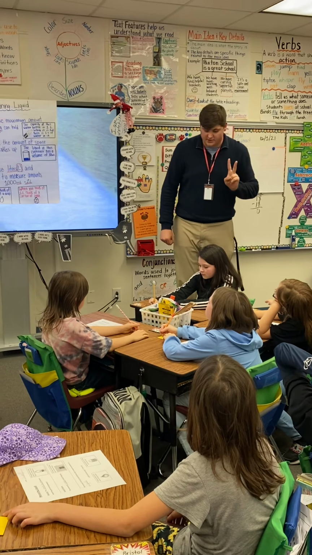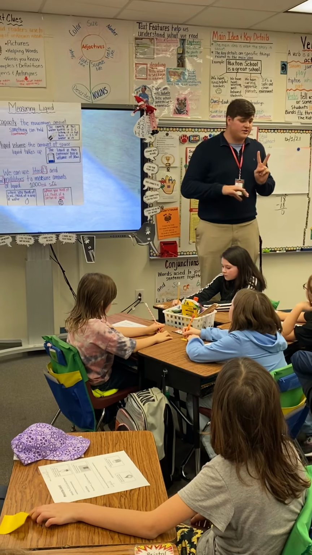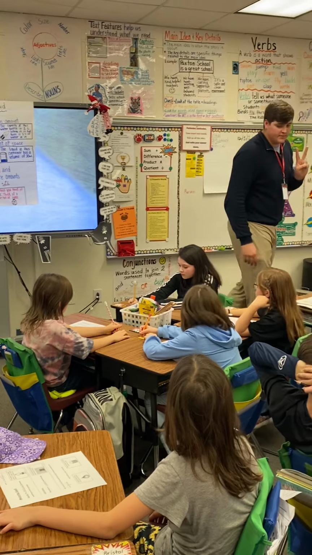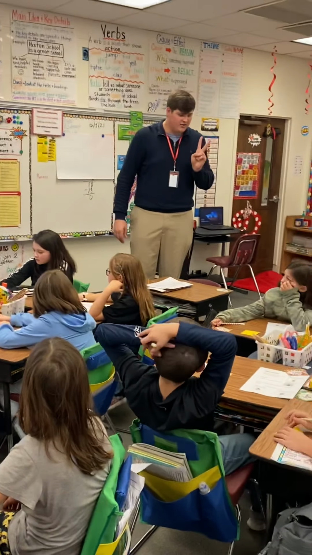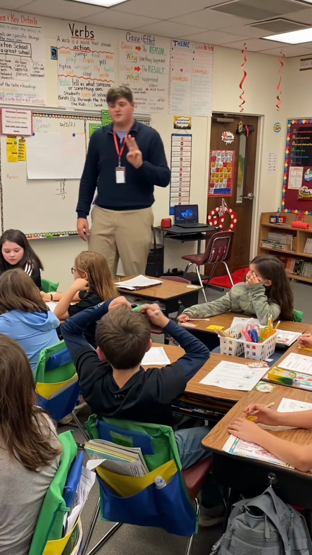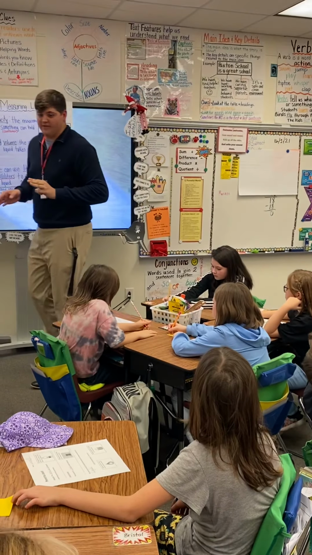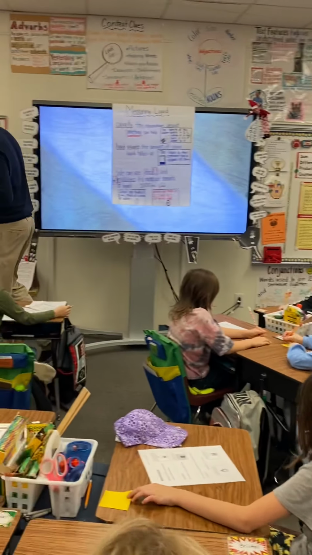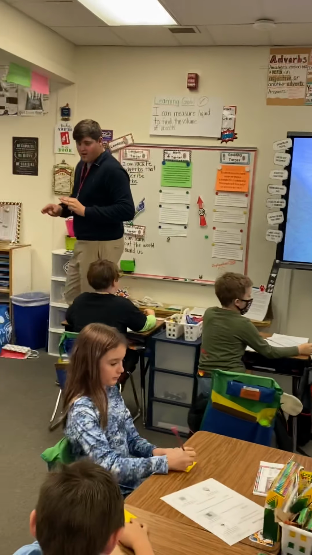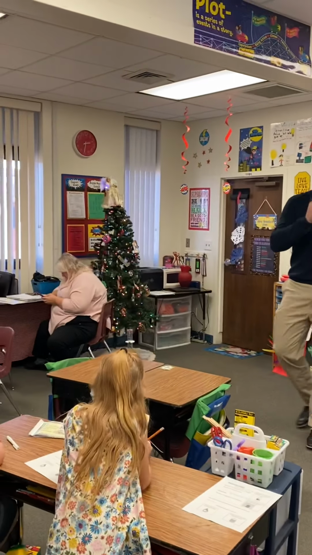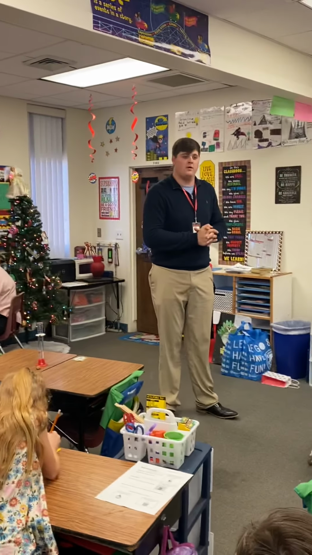Number 2, I kind of know and I kind of understand, but I still have some issues, and I don't understand everything yet. Then give yourself a 3 if you know everything about finding volume of a solid by measuring the liquid. Don't look at anybody else's. Keep your eyes on your own.